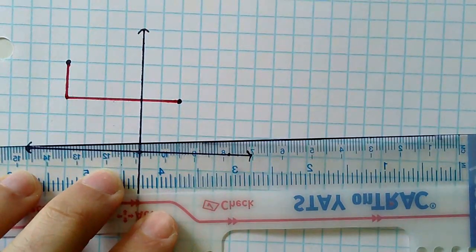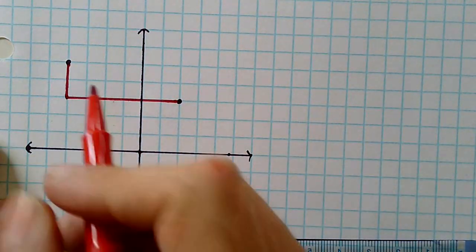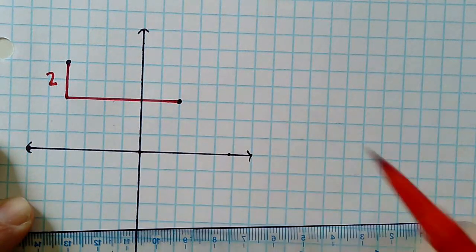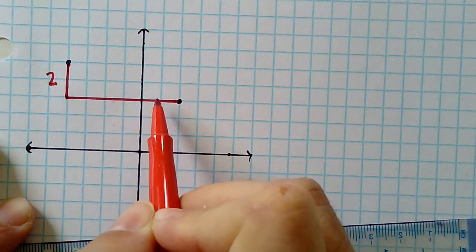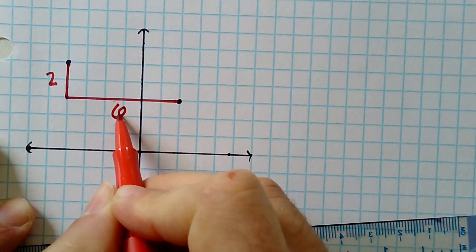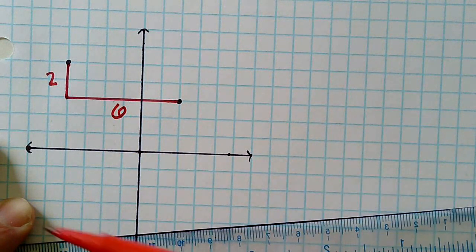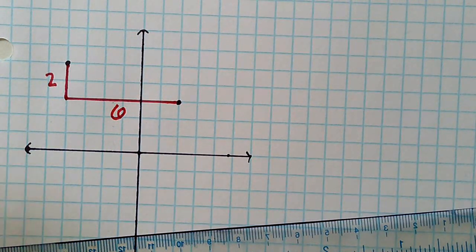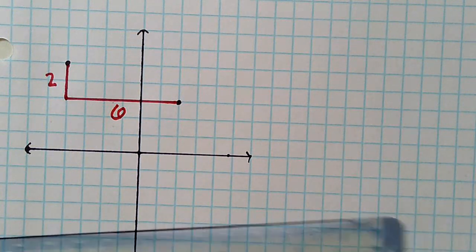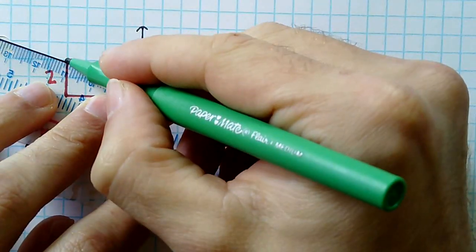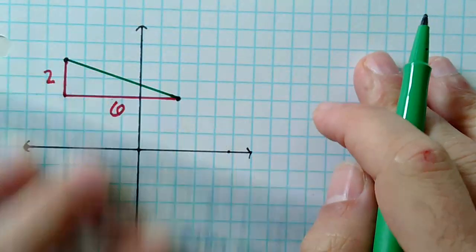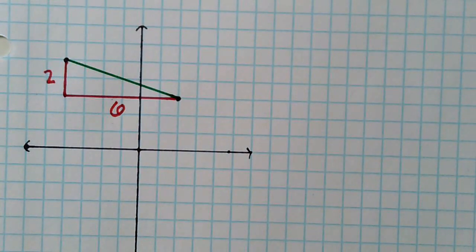This leg has a unit of 2, and this leg has a unit of 1, 2, 3, 4, 5, 6. It's okay that it crosses the x or y axis, as long as we're just isolating that triangle. Now if I draw my hypotenuse, which is again the distance between the points that I'm looking for, there it is.